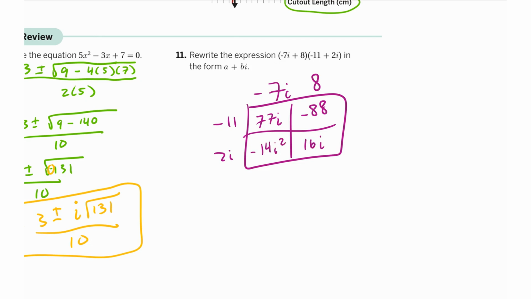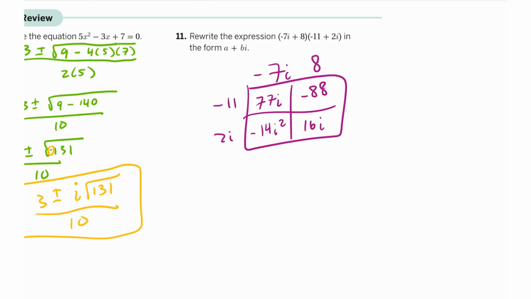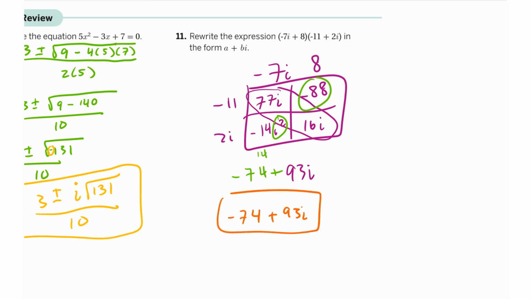And so when I add these together, I end up getting 93i. And then remember that this i squared just makes it a negative 1. So this ends up becoming just a positive 14. Positive 14 minus 88 is just a negative 74. And so, to write this all in one color to not confuse people, negative 74 plus 93i is now in the form a plus bi.